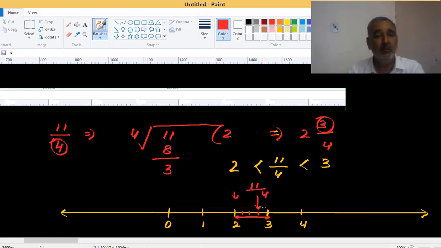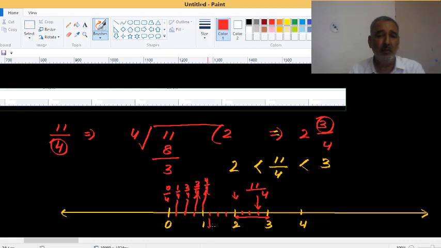How can you count? I can divide all these numbers into 4 equal parts. So start counting here. This is 0 by 4. It will be 1 by 4. It will be 2 by 4. 3 by 4. And 1 will become 4 by 4.